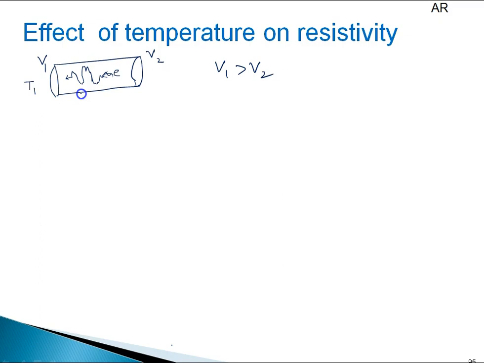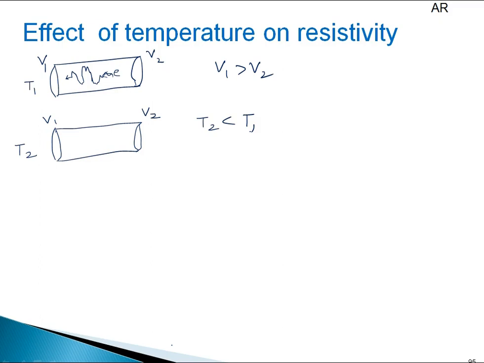Now, if I take the same conductor again and I apply the same potential difference, again V1 is greater than V2, but now I decrease the temperature. I say T2 is less than T1. Now when we decrease the temperature, we know at low temperature random motion of free electrons in the conductor will decrease.